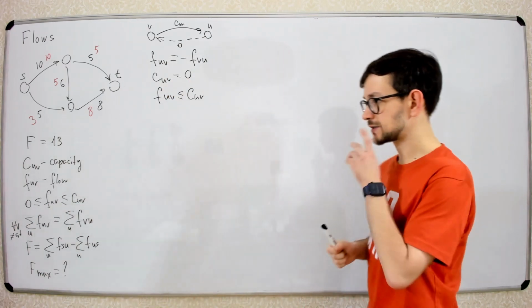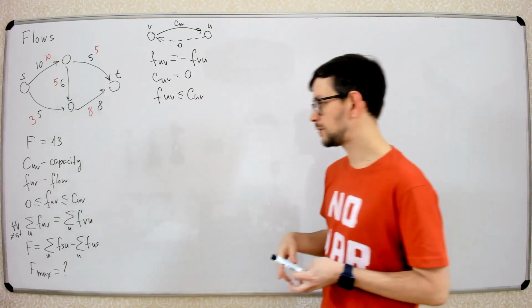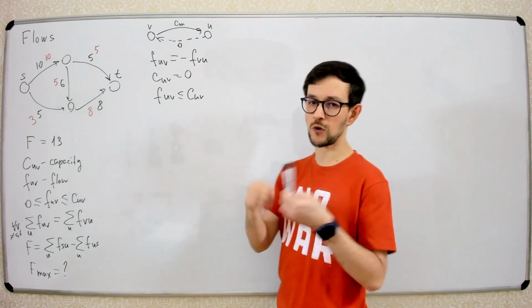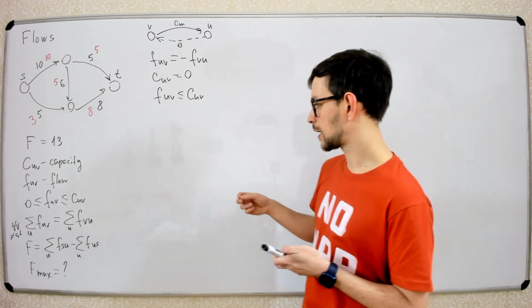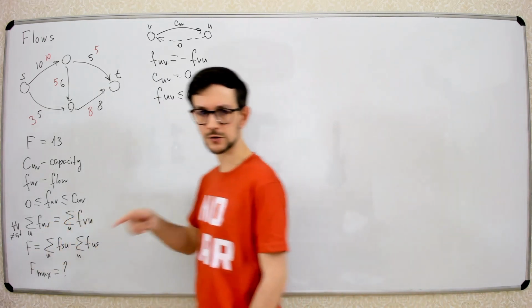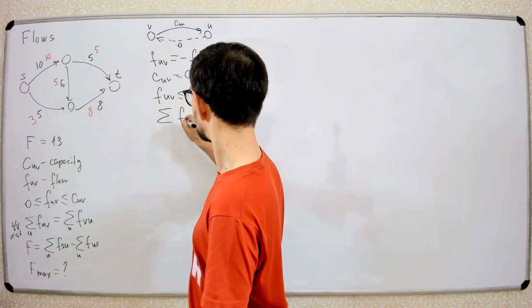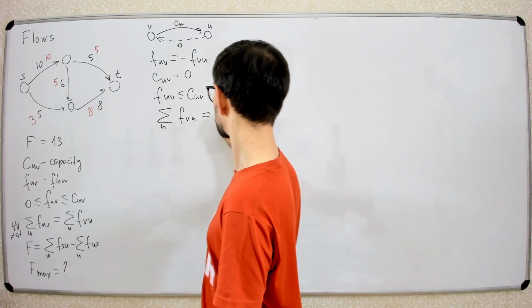Now what about balance? This balance equation will be simplified because, again, when you take the sum over all edges going out of your node, you will have these edges with plus and these edges with minus. So the balance equation is very simple: the sum over all U of f(V,U) is 0.